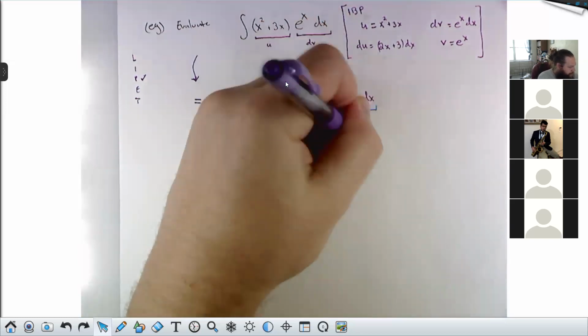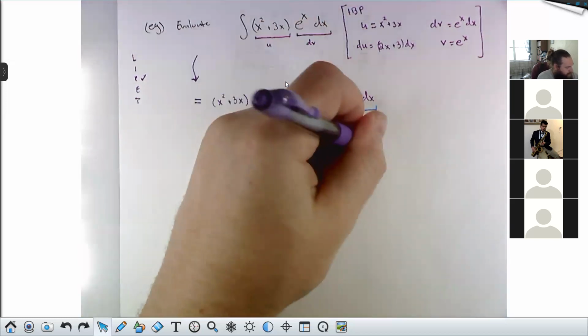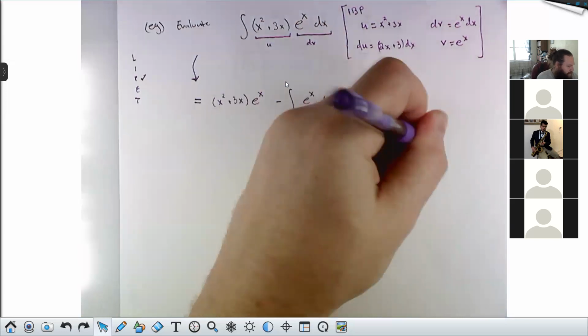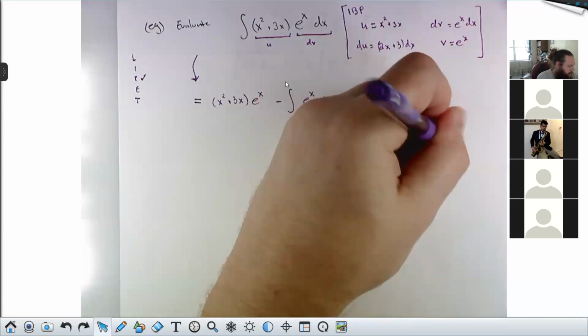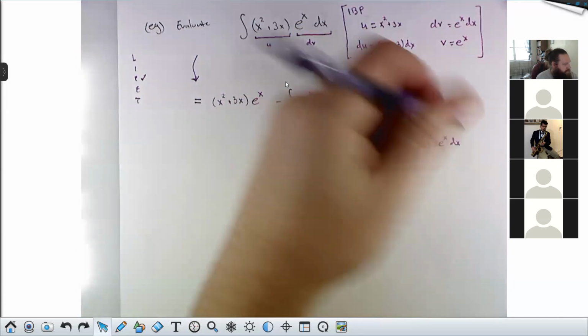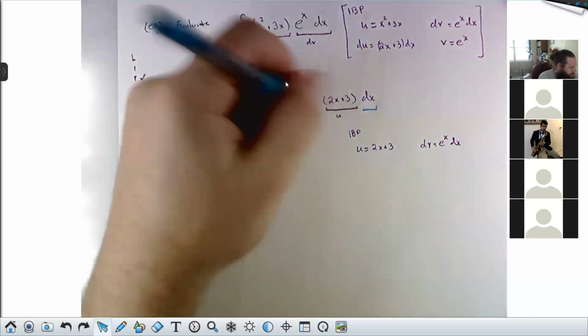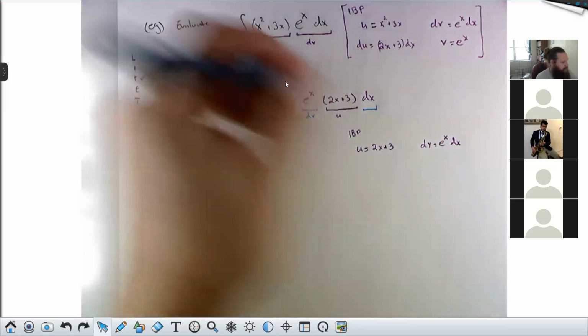So I'm going to run IBP again. U is going to be 2x plus 3, and dv is going to be e to the x dx. This stuff is my dv stuff.